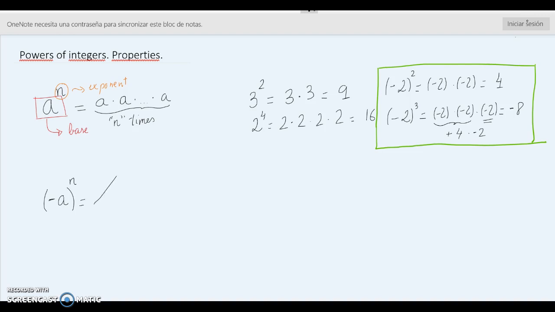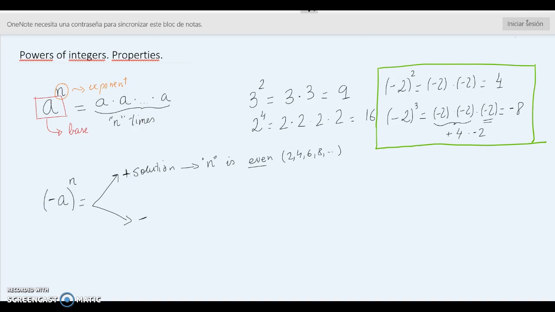So we can get in all these powers two different solutions. We can get a positive solution when the n, the exponent, is even. For example, 2, 4, 6, 8, etc.